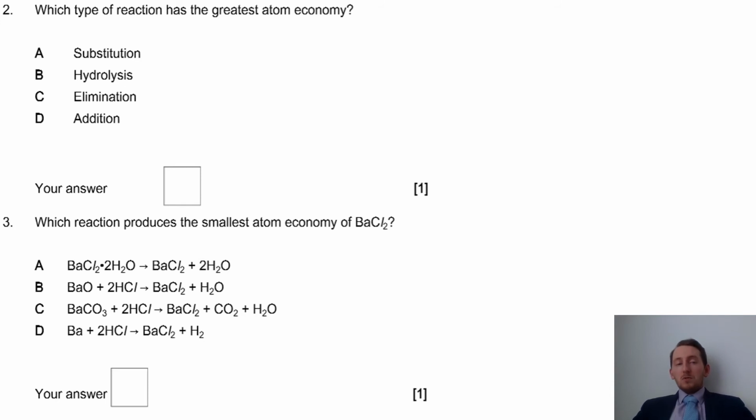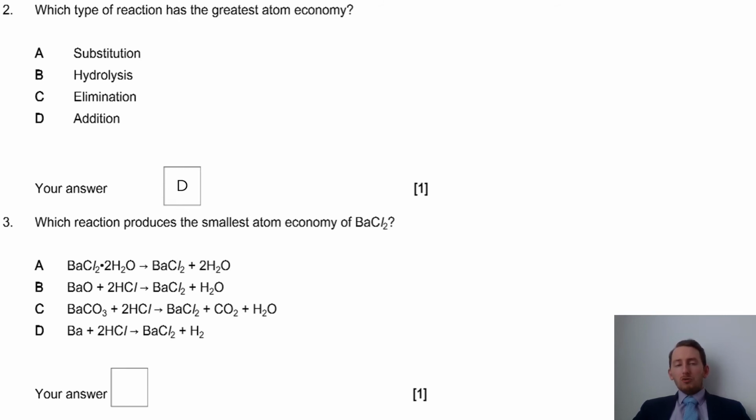So in terms of these 4 reactions here, the best one would simply be an addition reaction. We take something, we add two things together in an addition reaction, we then hopefully won't get many other waste products, so therefore we're dividing by a smaller number. So an addition reaction would give the greatest atom economy.